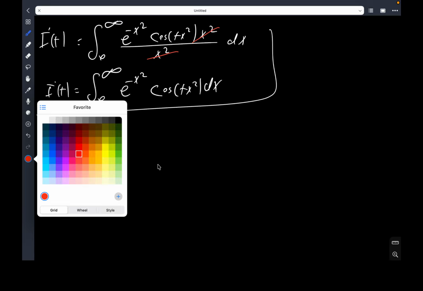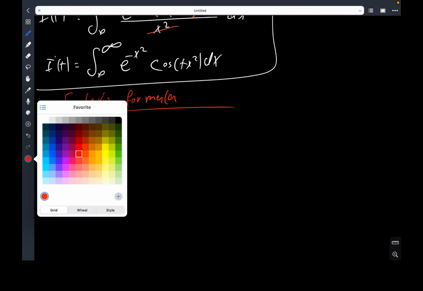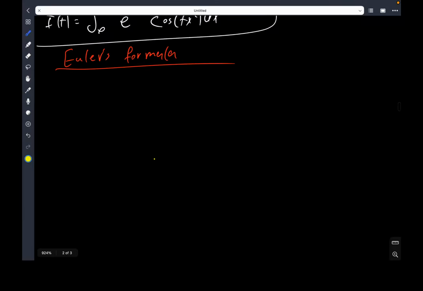And here I'm going to remind you of Euler's formula, and it is defined as, if I have e to the ix, I can write it as cosine x plus i sine x.